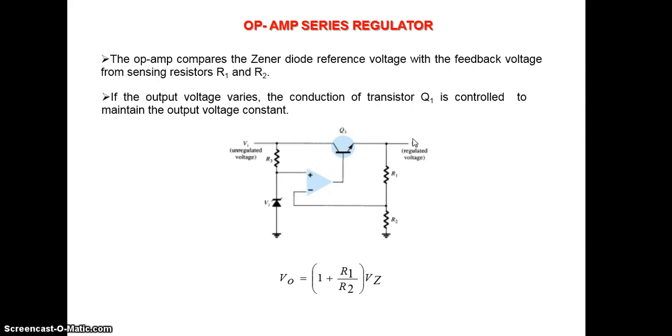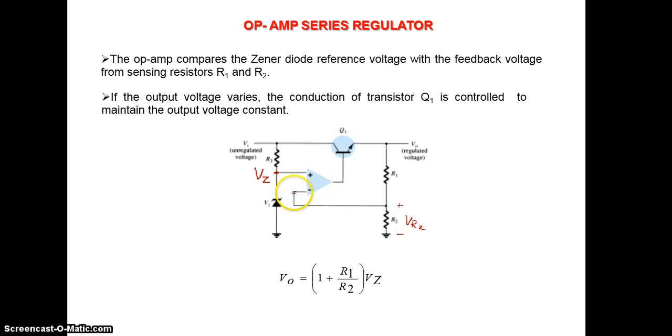Now I'll show you how we get the expression. This voltage is the Zener voltage VZ. At the inverting terminal, the voltage is VR2.